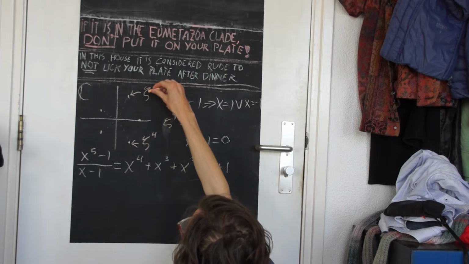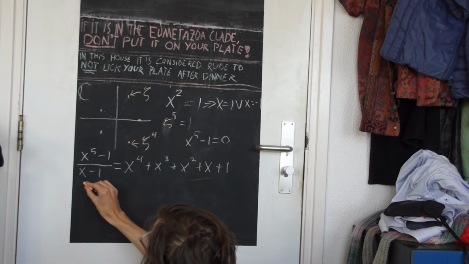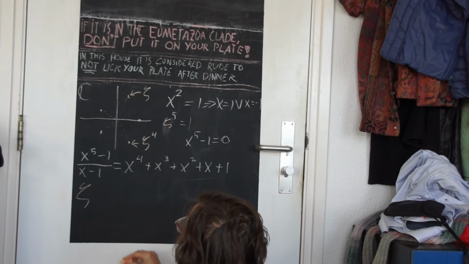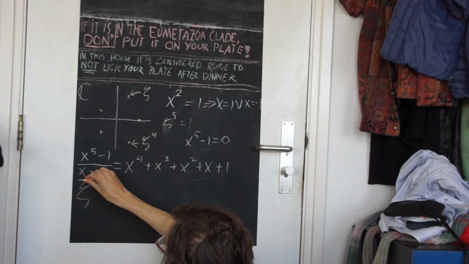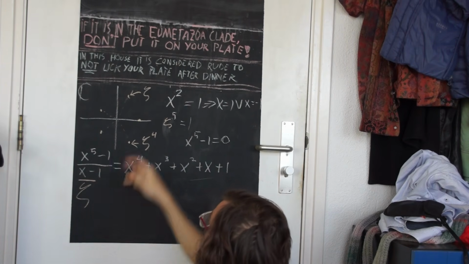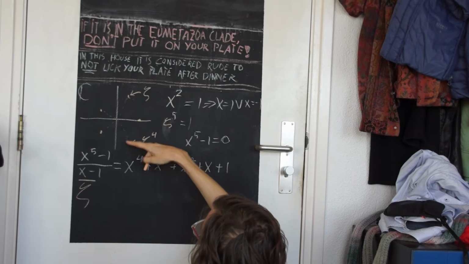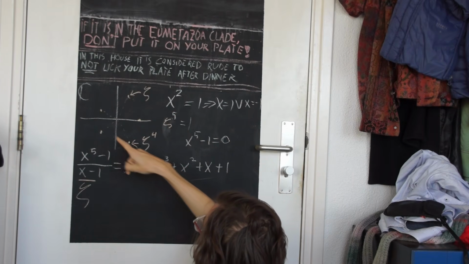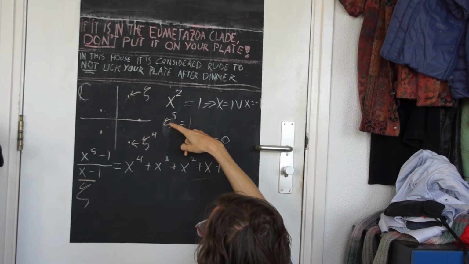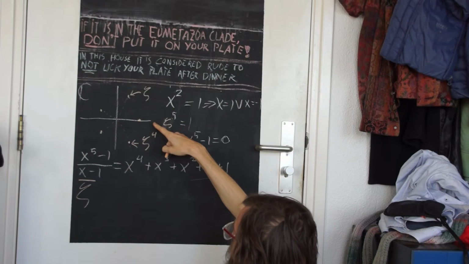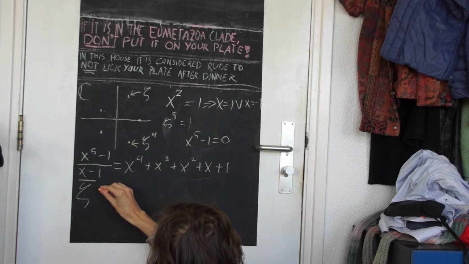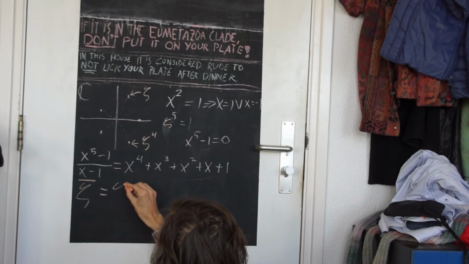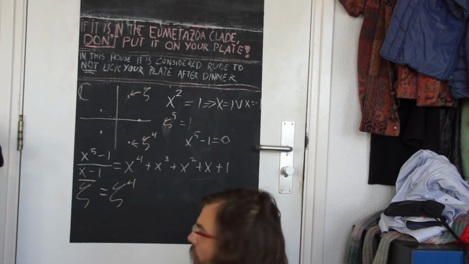Next thing to notice, if we look at our zeta, and we look at the complex conjugate, that is the mirror image of zeta, if we mirror across the real line, which is of course this line in the complex numbers, then that's going to be exactly equal to zeta to the 4th.